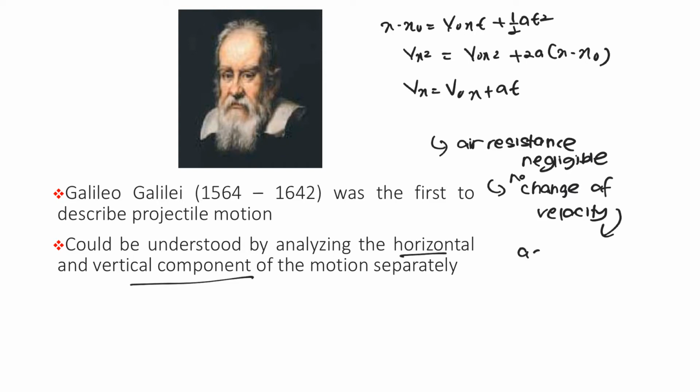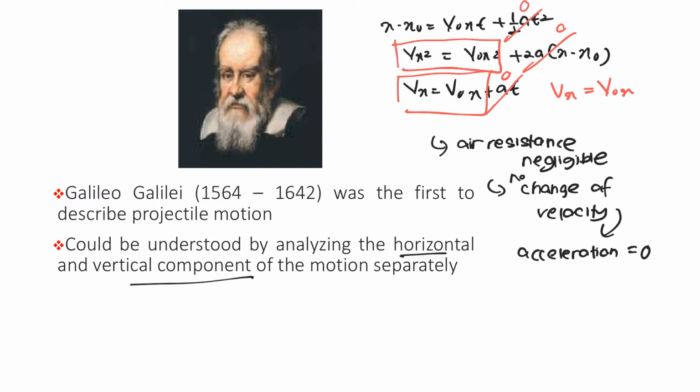Yes, very good, your acceleration will be 0. So in these equations, this term is going to be 0, this one 0, and this one 0. You will see that your final velocity is the same as the initial velocity.